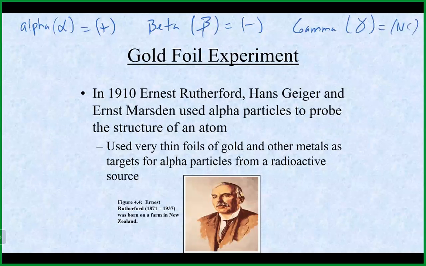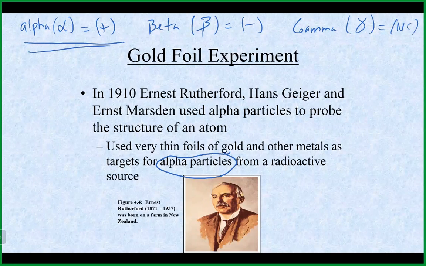So really these three radioactive particles were used in a lot of experiments. They mimicked the three subatomic particles. You've got something that's positively charged, something that is negatively charged, and something that has no charge. So what Rutherford used was alpha particles. He used these heavy radioactive positively charged particles, and he shot them at pieces of gold foil.